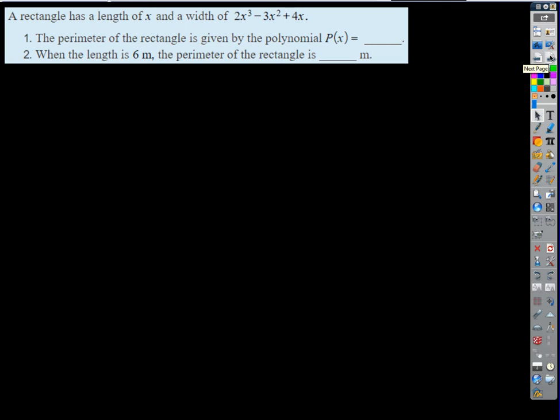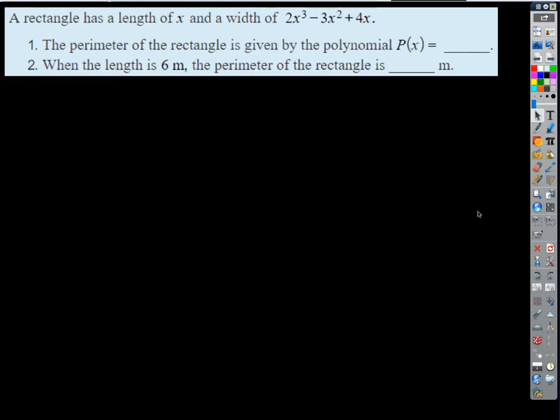Okay? What about something like this guy? It has a length of x and a width of that. What's the perimeter of the rectangle going to be given by? Think about that one for a second. Now we're looking at part 1 here. So what's our formula for perimeter of a rectangle?